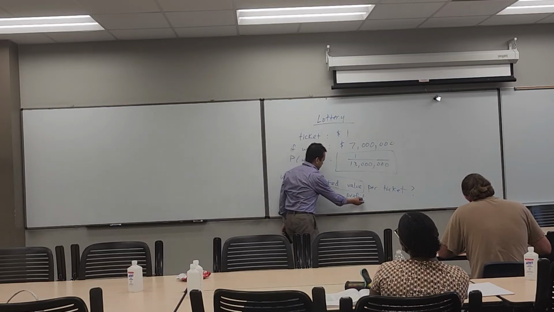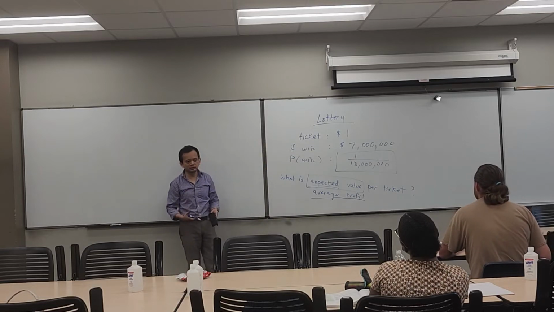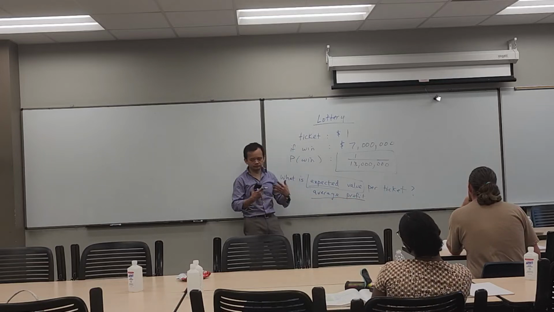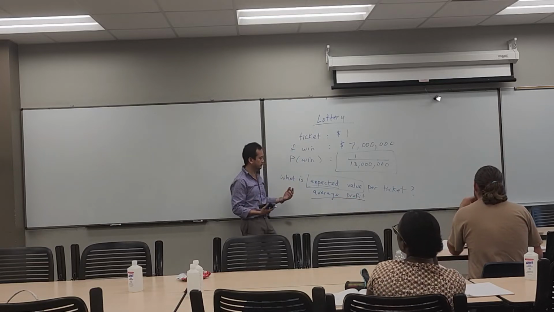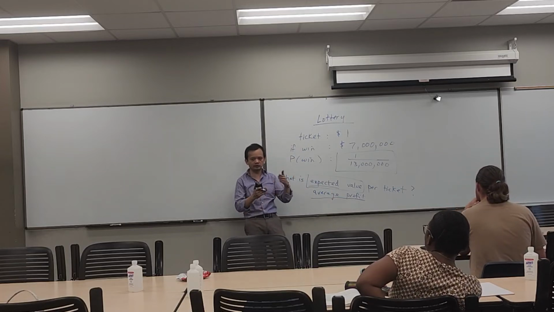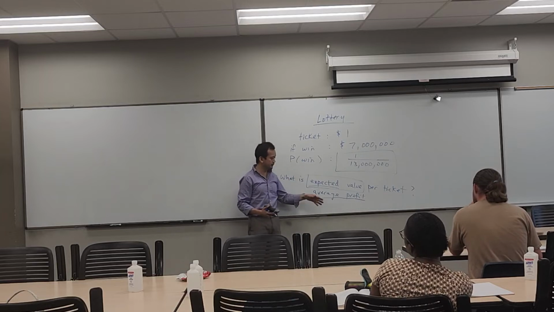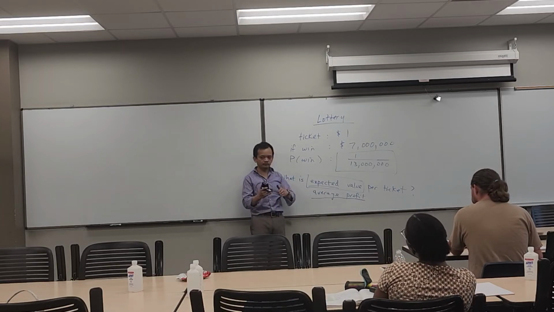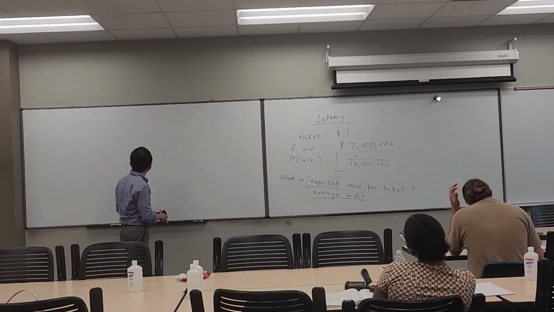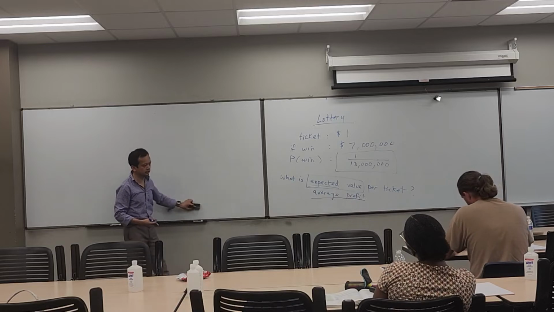When a question is asking for average profit or expected value, usually the question needs to be clear as to who the profit is relative to. Is this average profit for the customer or for the other end, the government? In this example, I'm going to be explicit and say average profit from the standpoint of the government. So how much money can the government expect to make for each ticket?